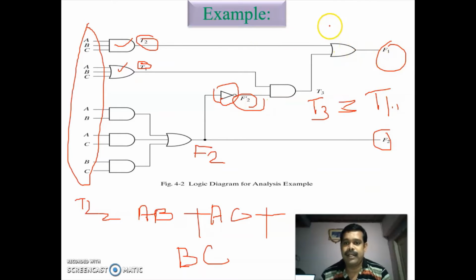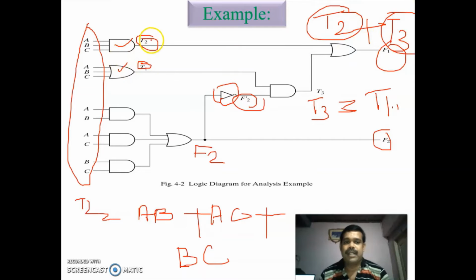F1 is nothing but T2 plus T3. After that, we have to substitute the respective values of T2 and T3. T2 is ABC and T3 is T1 into F2 bar.